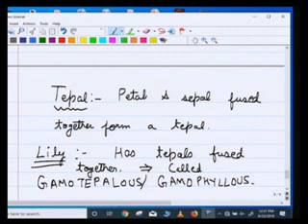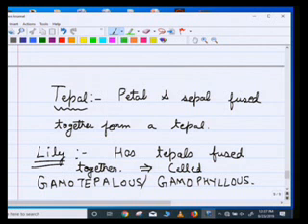Normal lily flowers, the botanical name is Lilium, but there are a lot of lilies. Normally what we talk about is the garden lily.